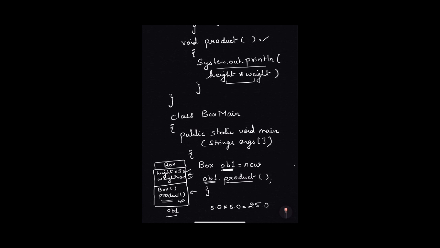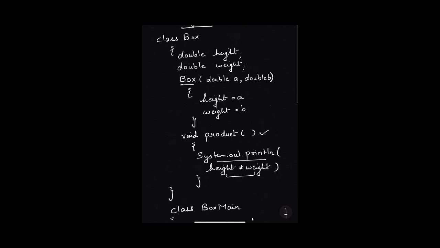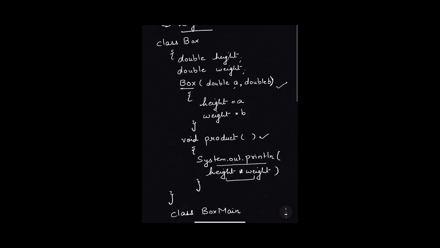So the new statement would become, you will call the constructor box and pass some values in it. Let's suppose I say 1.0 and 2.0. Whenever this object is created, 1 will be assigned to the variable A and 2 will be assigned to the variable B, and this constructor will be called. And so the height and weight values for the box class become 1.0 and 2.0.